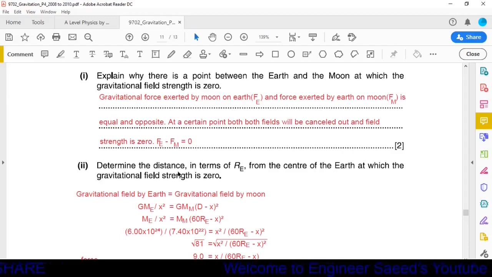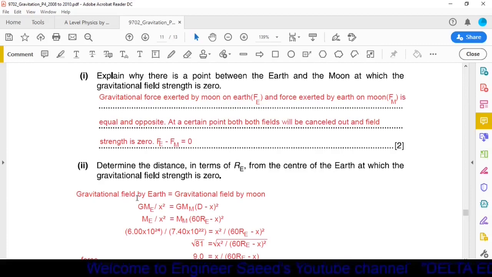Determine the distance in terms of RE from the center of the Earth at which the gravitational field strength is 0. Now we have to find the point where the gravitational field because of Earth and Moon is equal to 0. Gravitational field by Earth is equal to gravitational field by Moon. Formula for gravitational field is GM over r square.